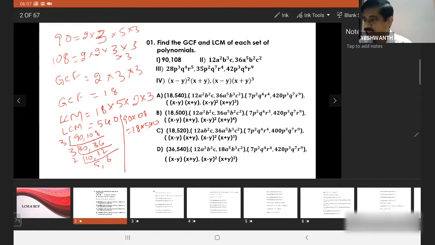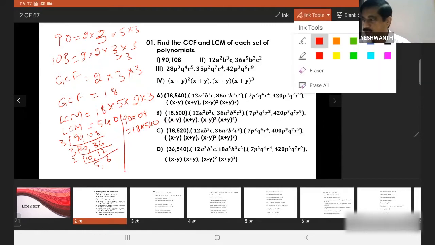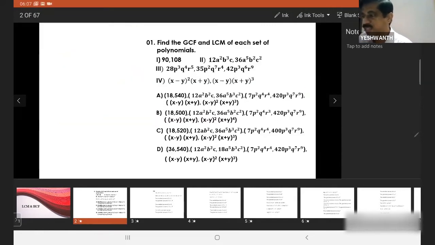For the second question, what is the LCM and GCF? So shall I take out this? Yeah. So now the second one: you take 12a cube b square c, and the other is 36a power 5 b square c square.